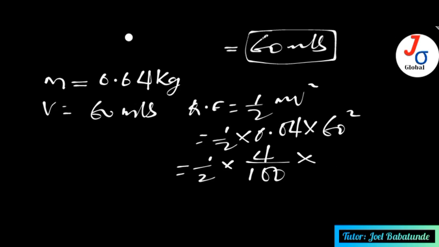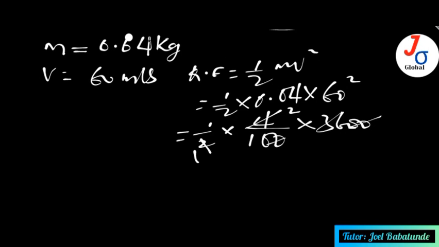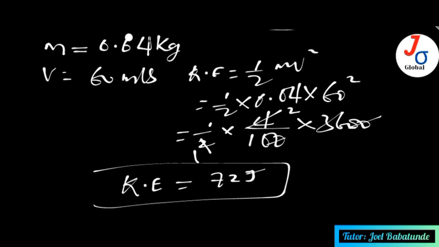And 60 squared is 3,600. So 2 zeros cancel 2 zeros, 2 here, 1, 2 here, 2. And that's 36 multiplied by 2, and that gives us 72 joules. So that's the kinetic energy for this question. Kinetic energy is 72 joules.